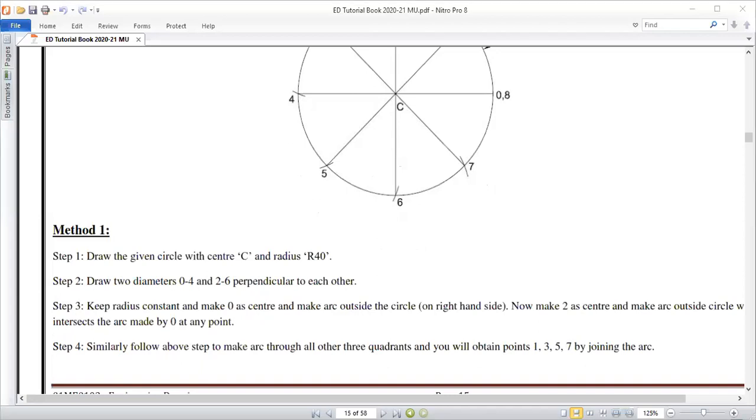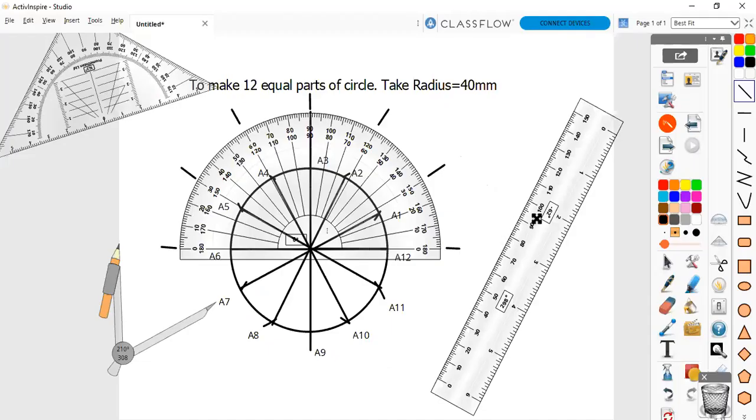So how to do this? For that, again, I will show you. I will use this figure. So how we are going to do it? Now we don't want this.